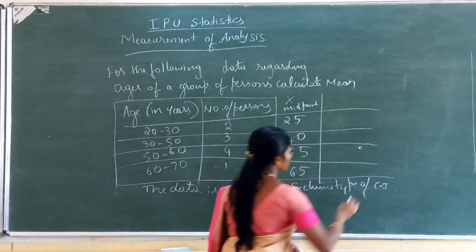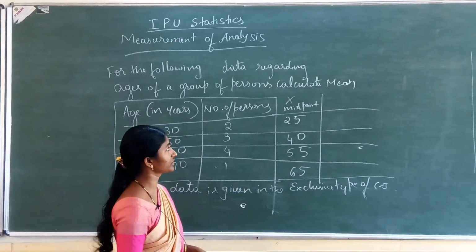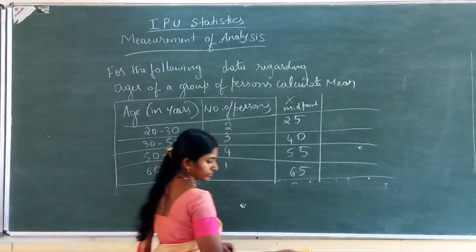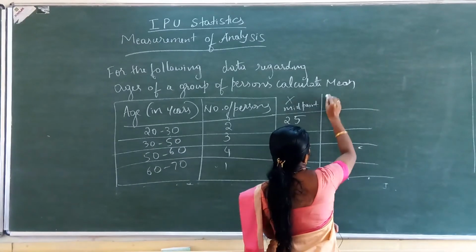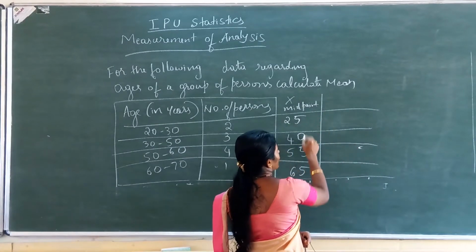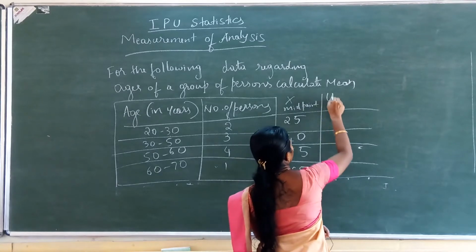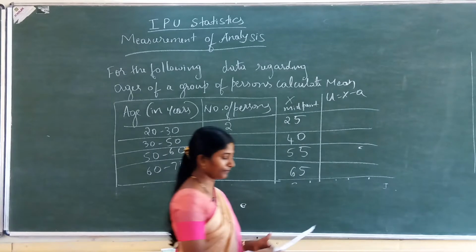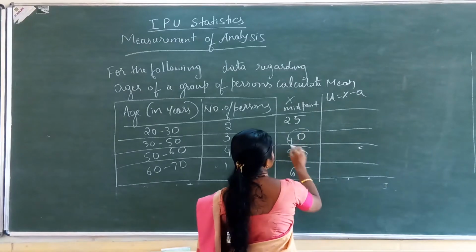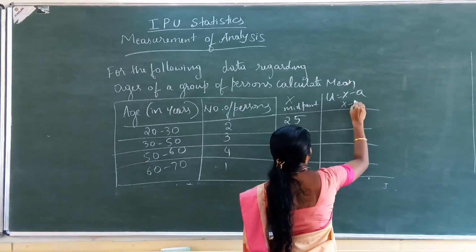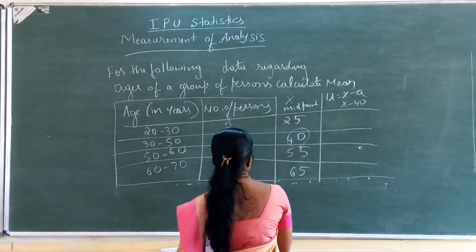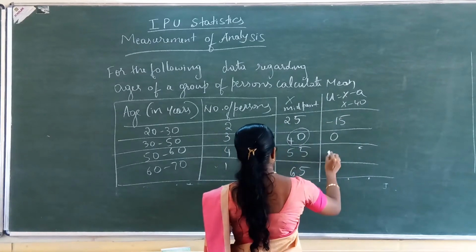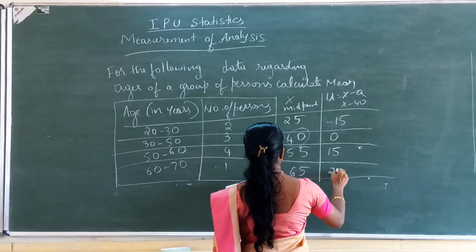I will do it in the shortcut method, that is the deviation method. When you are taking the deviation method, the C value won't be taken, because the differences are not the same. Therefore u is equal to x minus a. Here I will choose a as 40. Here x minus 40: 25 minus 40, our answer is minus 15, and here 0, here 15 and here 25.